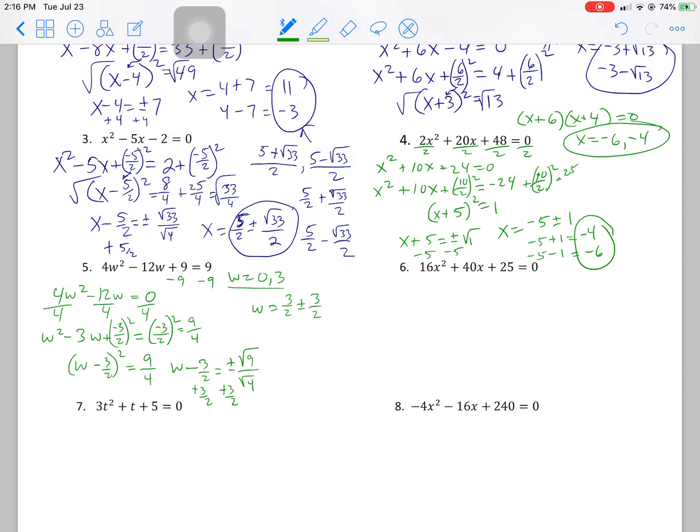So W equals 3 over 2 plus 3 over 2 equals 6 over 2 equals a 3. And W equals 3 over 2 minus 3 over 2 equals 0. Okay. That's the long way, or the completing the square way.